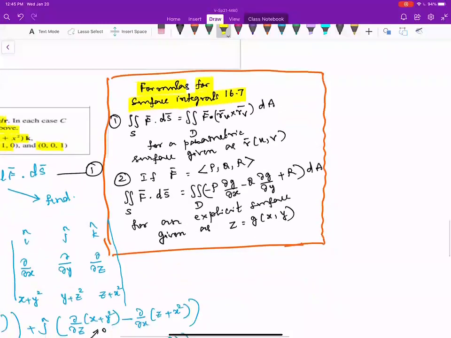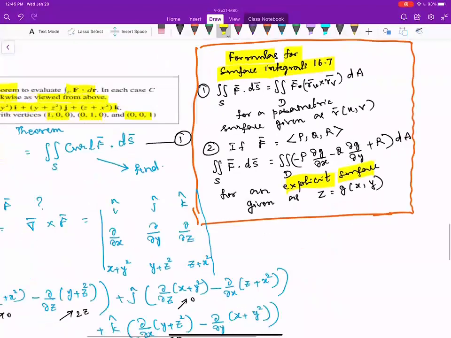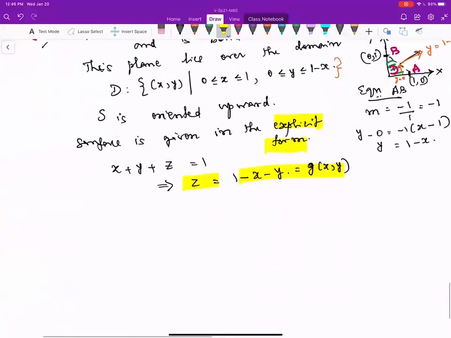But if F has components P, Q, R, then double integral over S F dot dS equals double integral over D of negative P dou g by dou x minus Q dou g by dou y plus R dA, for an explicit surface z equal to g of x, y. So what are we evaluating here?